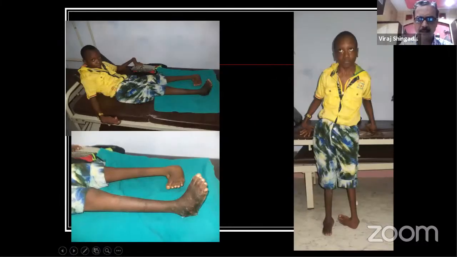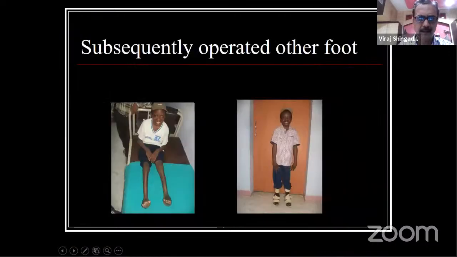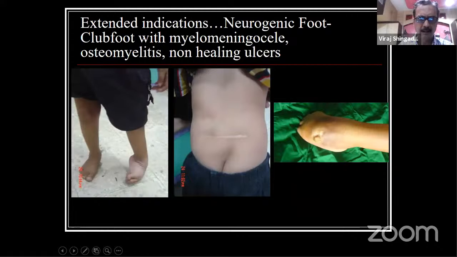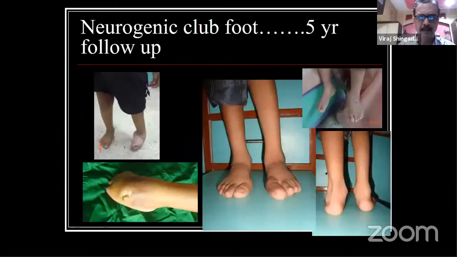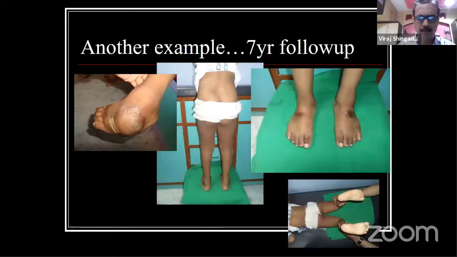And this is the correction we got for the first foot, and then subsequently he came for the other foot, just like that. We extended our indication to the neurogenic foot as well, where from the same osteotomy site, we can take out the necrotic bone. And then this is a 5-year and 7-year follow-up of many of these patients.